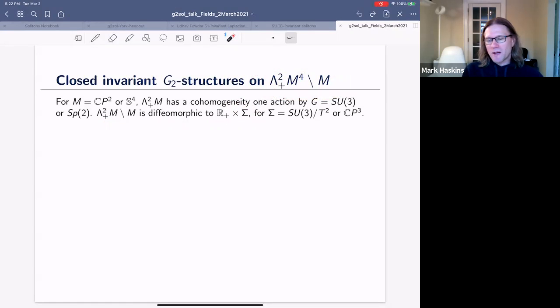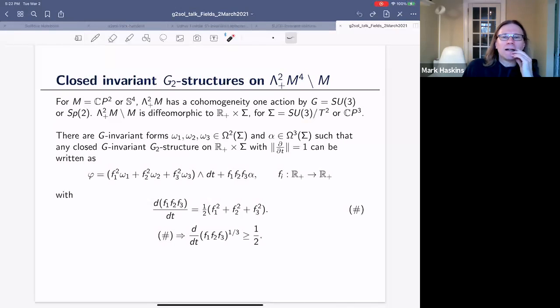Depending on whether M is CP2 or S4, that's the flag manifold F12, SU(3) mod T2, or CP3. And in this case, there's the obvious action of SU(3). In the other case, there's an action of Sp(2).